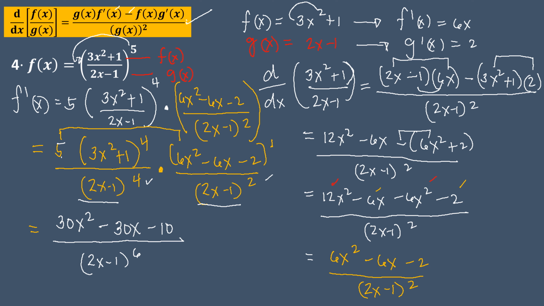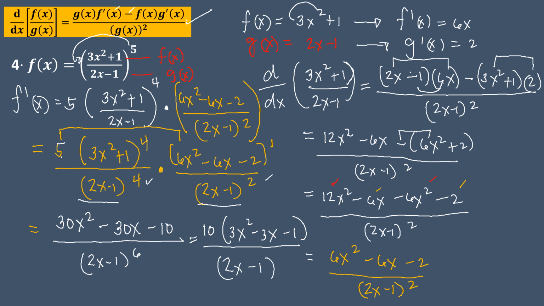Then if we factor out the numerator, 30x^2 minus 30x minus 10, this could be factored out by a common monomial factor, which is 10. This will become 3x^2 minus 3x minus 1, all over (2x - 1).